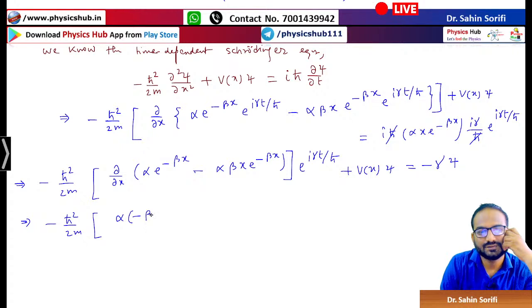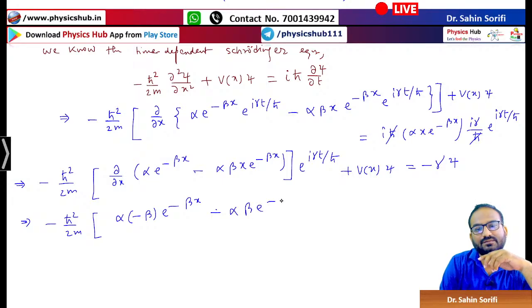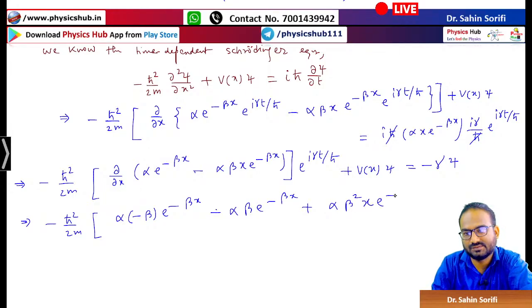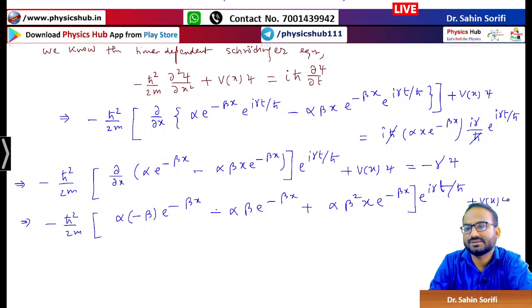Alpha minus beta e to the power minus beta x, minus alpha beta e to the power minus beta x, plus alpha beta square x e to the power minus beta x. I am trying to do each and every step, okay, so that you understand it with ease. Plus v of x psi minus gamma psi.